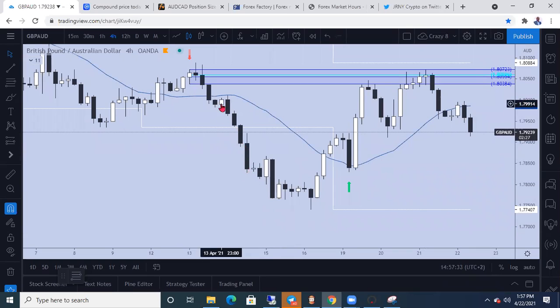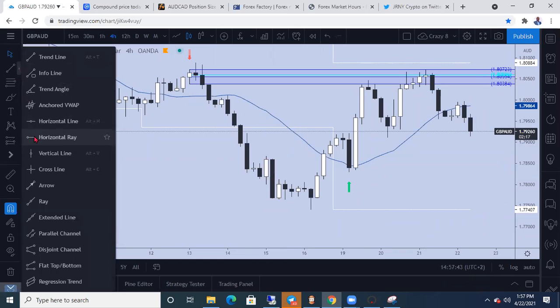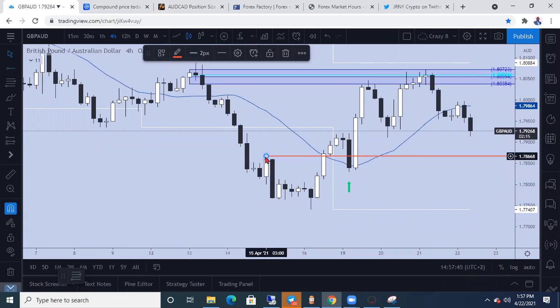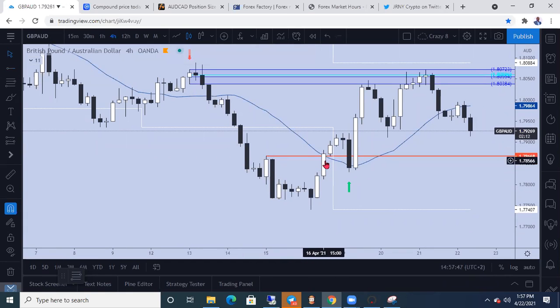So price basically was trading downwards. We would be focusing on the bullish candles, and when price broke above this level, so let's have our horizontal line there, or a ray, when price broke above this level, we invariably became buyers, right?